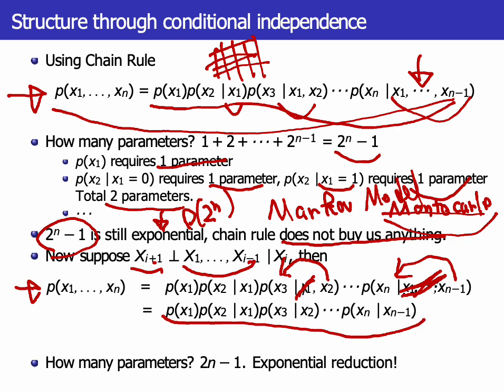And how many parameters do you need here? That's 2n minus 1. Your model is now reduced from 2^n minus 1 to 2n minus 1. The exponential is reduced. So this model, the conditional independence model, is okay.